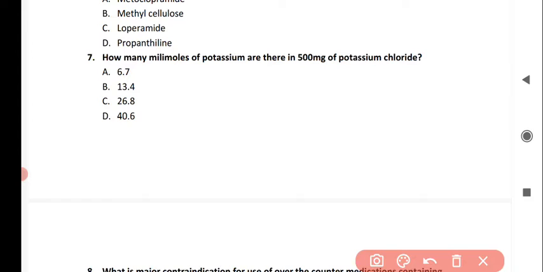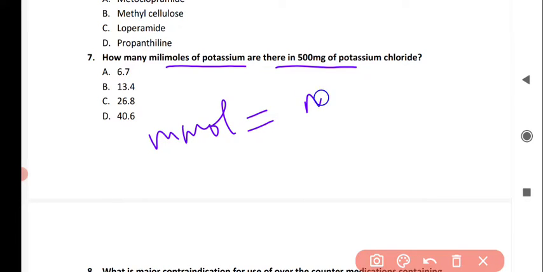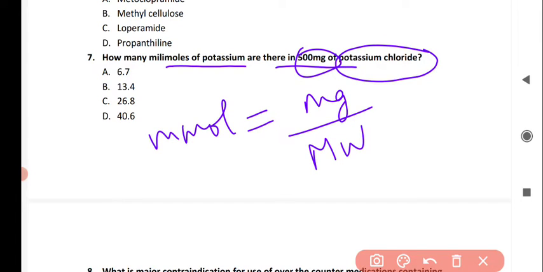The next question is, how many millimoles of potassium are there in 500 mg of potassium chloride? In order to find the millimoles from mg, we use a simple formula: millimole is equal to mg divided by molecular weight. Here we are given the mg and the compound potassium chloride, through which we can find out the molecular weight.